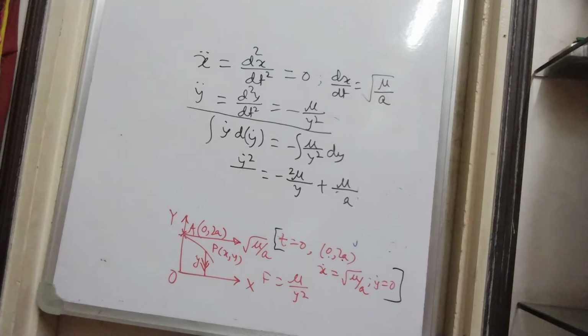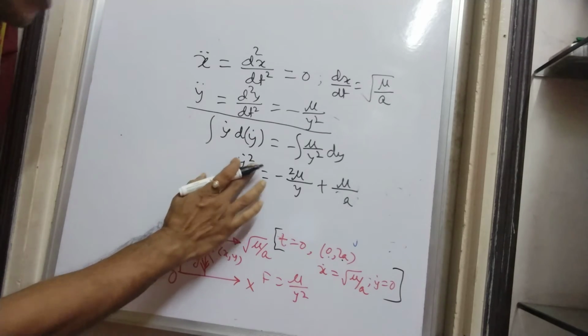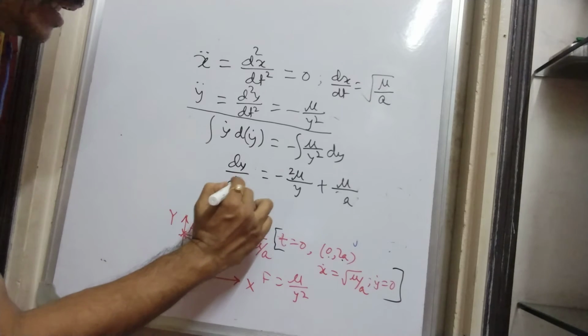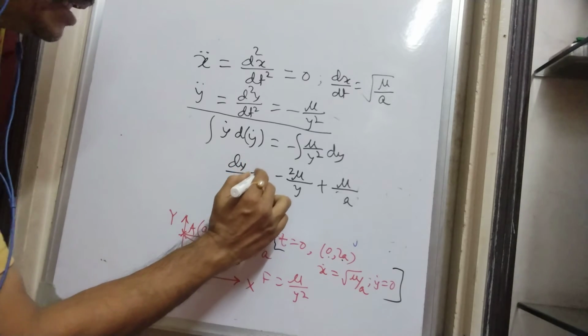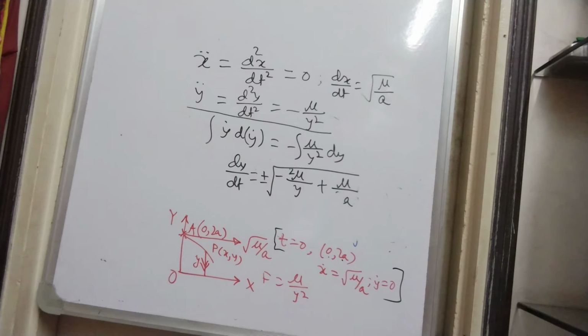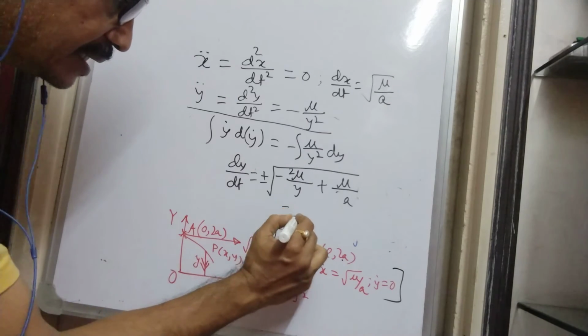Okay, so what will be y dot, or dy dt? It will be nothing but plus minus square root over this, and we can write it like this, isn't it so?